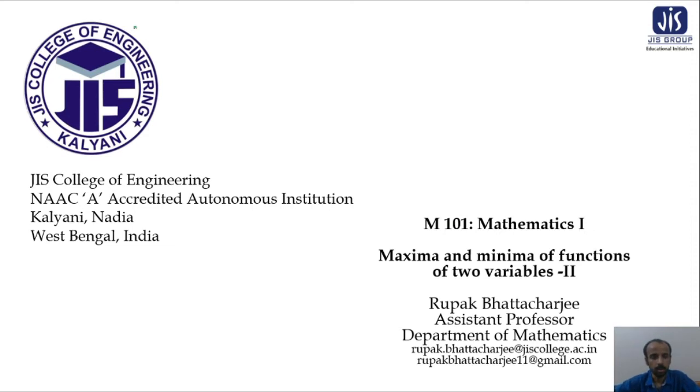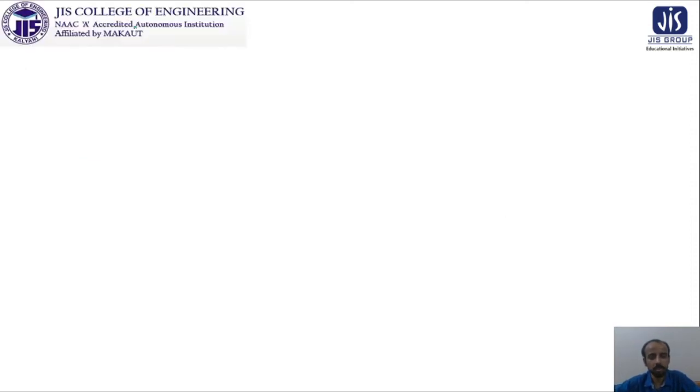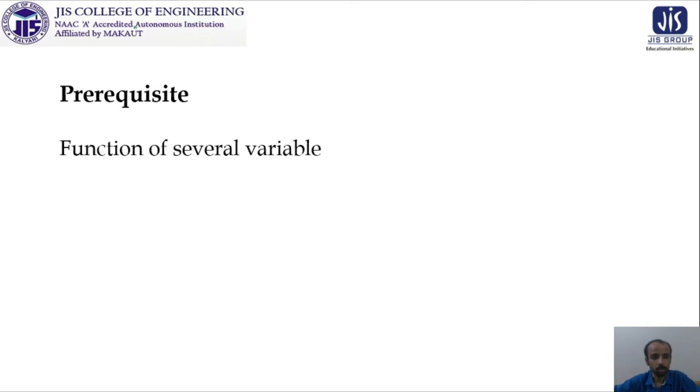As this is the continuation of the previous class, in the prerequisite part, we need the topics and the properties discussed in the last class. So, we have to use the concept of function of several variables over here.